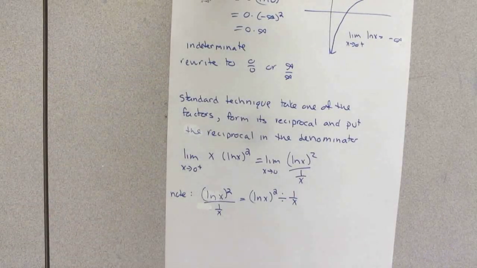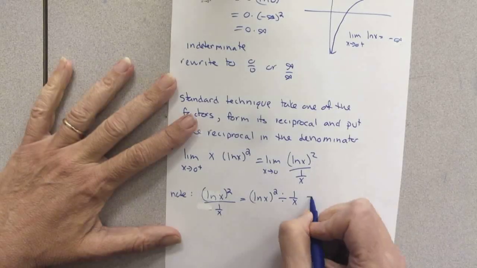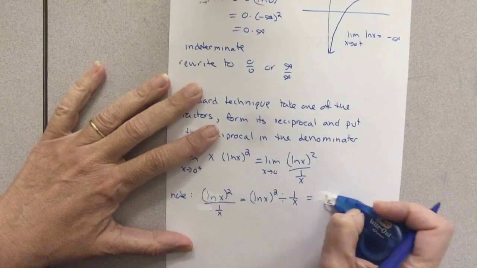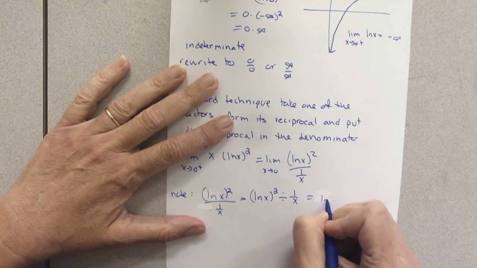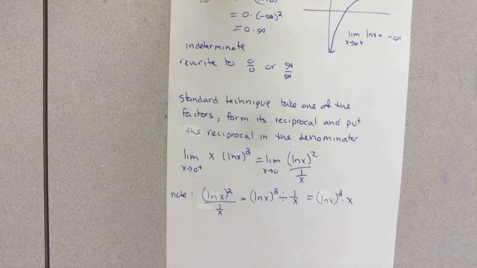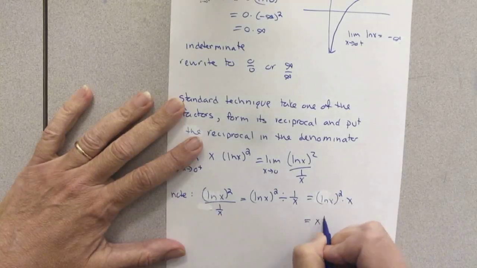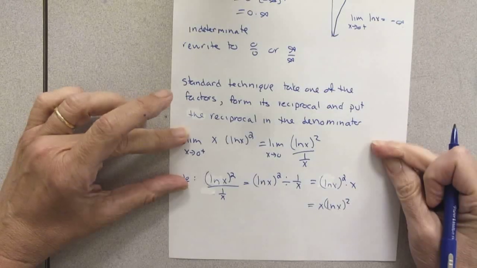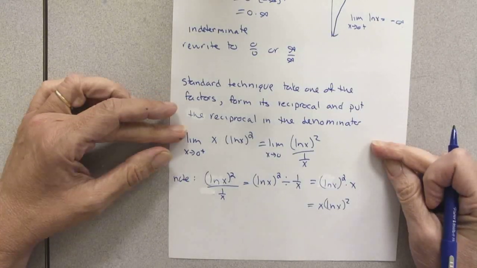Fractions are nothing but division, so I can bring that guy up and flip it. And I get back to what I had. And so that's why I can do what I did here. All I sort of did was unsimplify it.